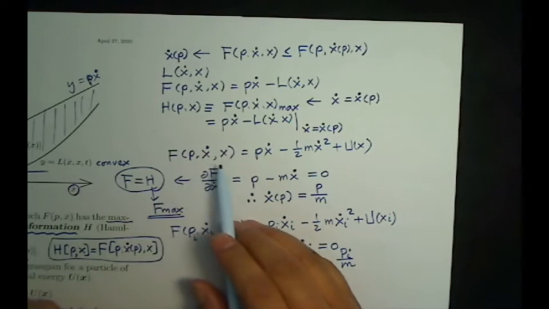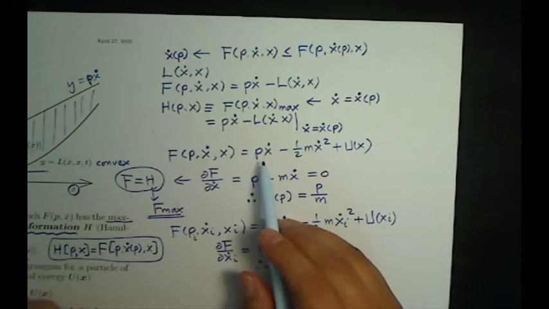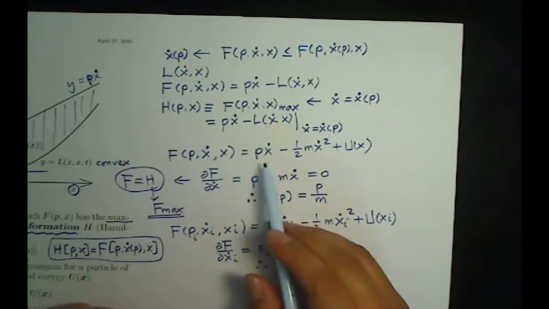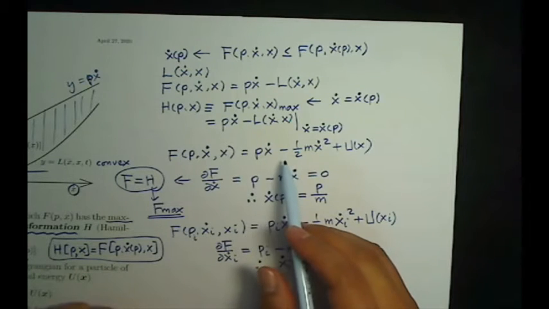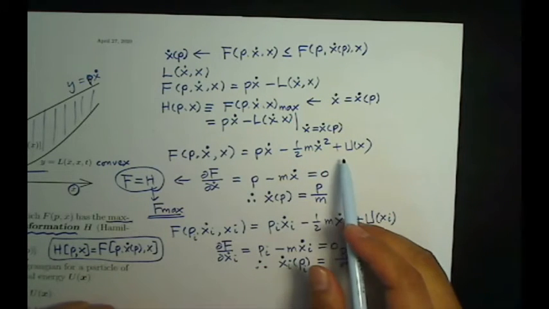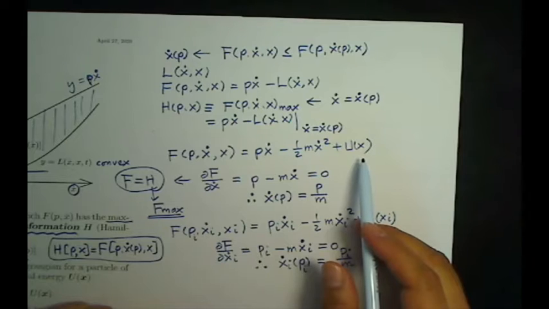In the non-relativistic one-dimensional point-like particle case, f is p x dot minus kinetic energy plus potential energy. Here we assume that the potential energy is independent of velocity.